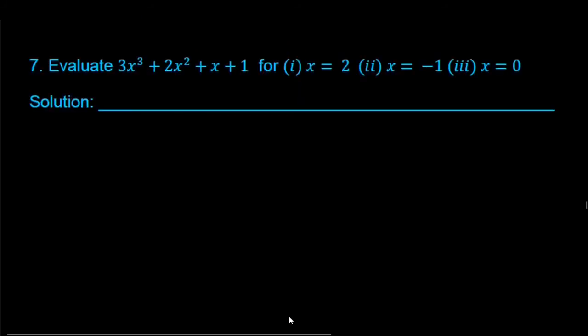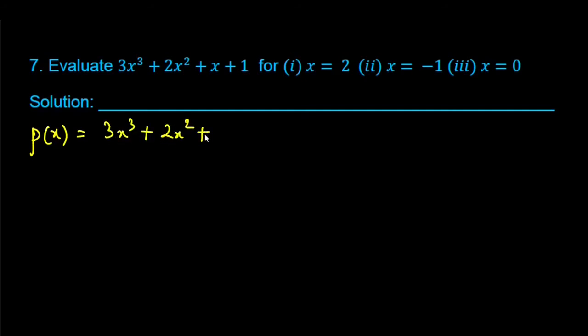Seventh question. Evaluate 3x cube plus 2x square plus x plus 1 at x equal to 2, x equal to minus 1, x equal to 0. P of x is 3x cubed plus 2x square plus x plus 1. First one, x equal to 2.